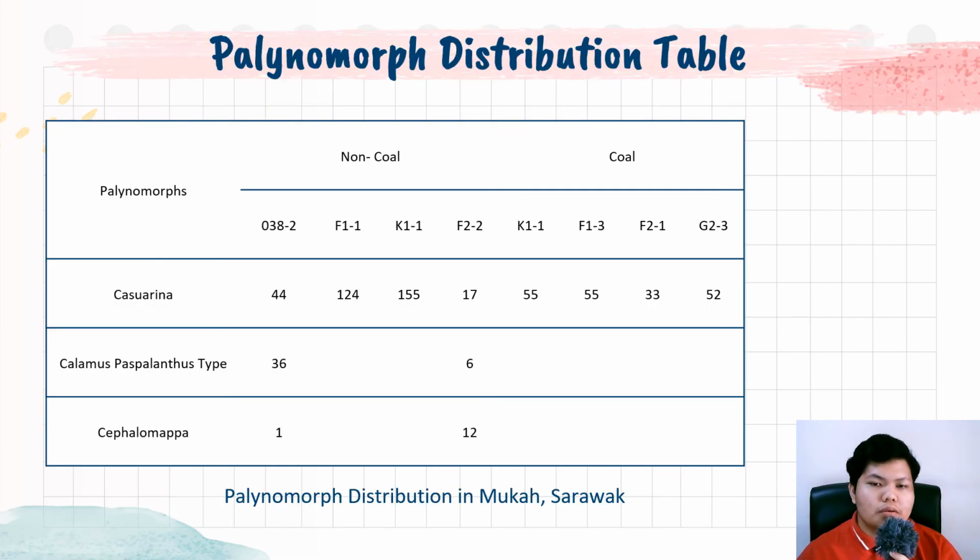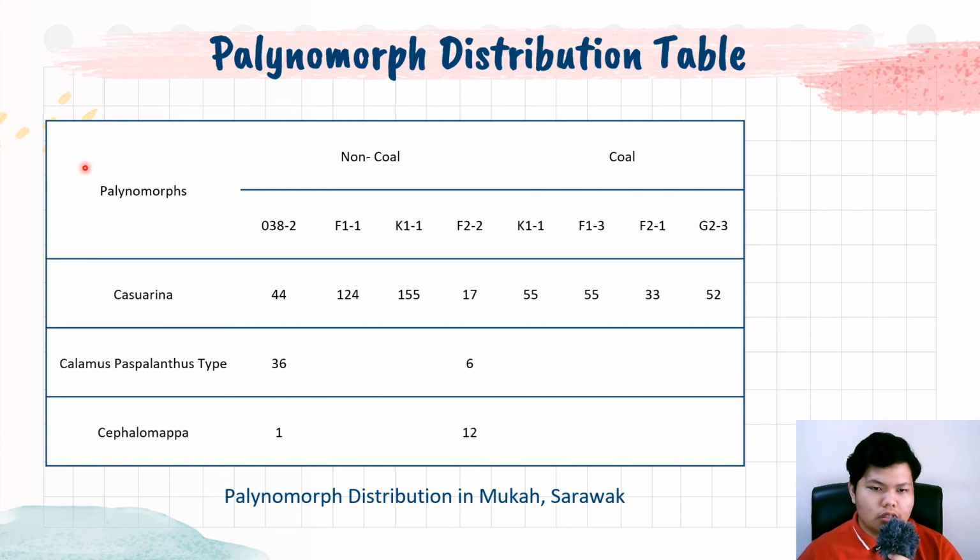From the experimentation and procedures that have been done in the journal that has been given to us, we can obtain this table which contains a bunch of information on the palynomorphs in the rock samples that we have studied. So there are several pieces of information.